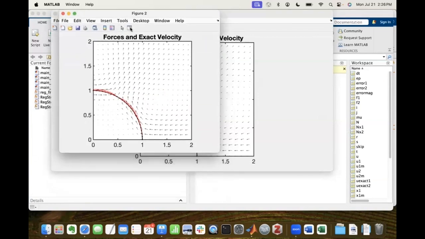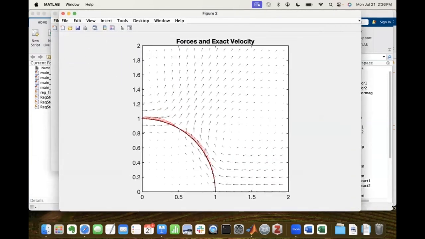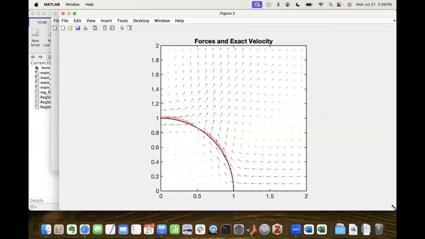So it still looks like this, but you have to think about it carefully, because the force that's being applied has parts that are in this direction and parts that are in this direction. The force we're applying is cosines and sines, so you get both directions, and therefore you're going to get a flow like that.